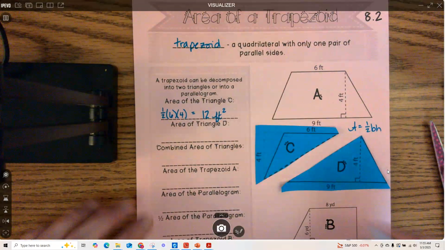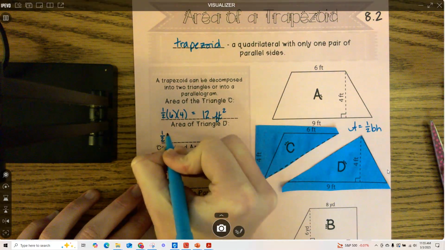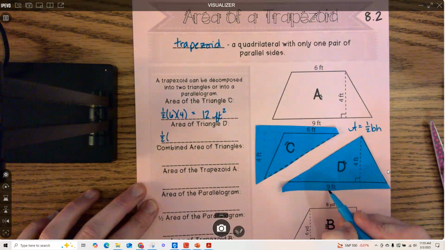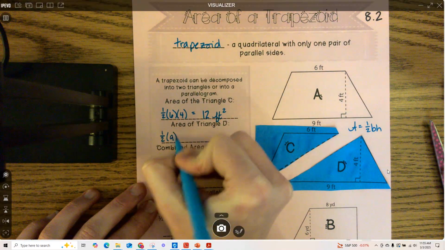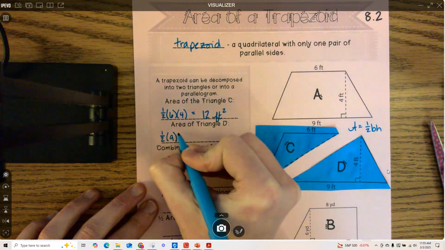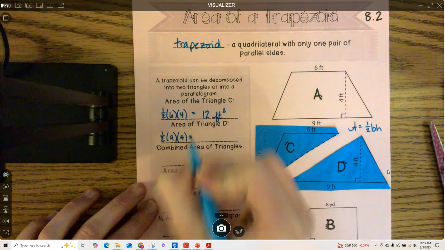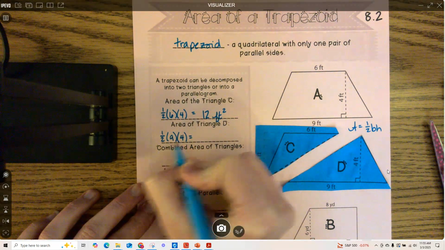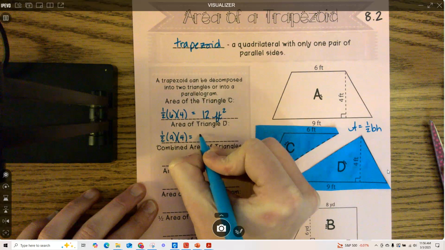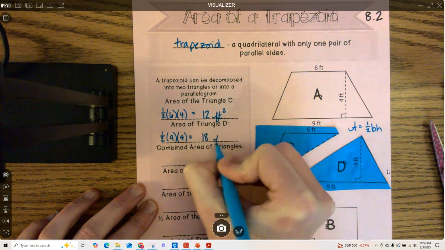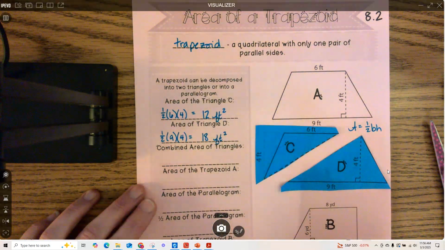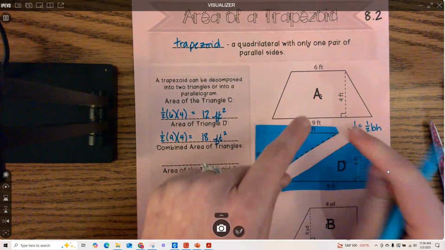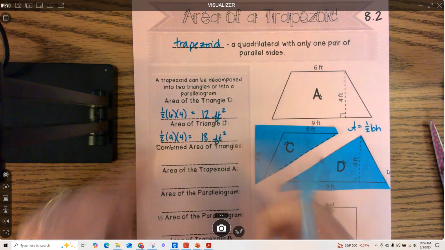And then we can do the same thing for D. We can find the area of D using the exact same formula. So base here is 9. And then the height here is 4. So 9 times 4 is 36. Half of 36 is 18. And that's feet squared. So to get the area of the trapezoid, we can combine those two.